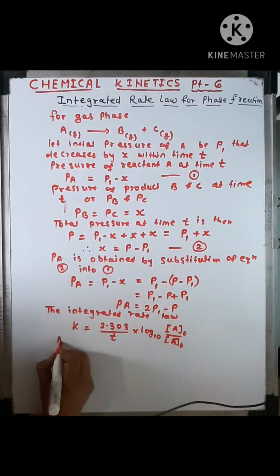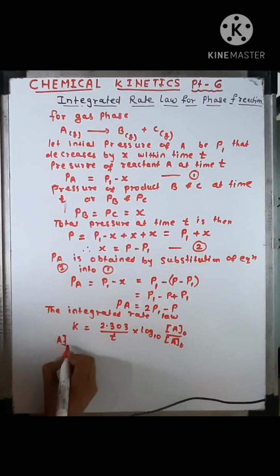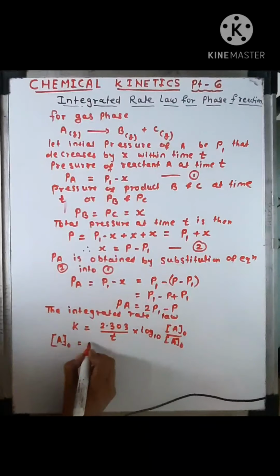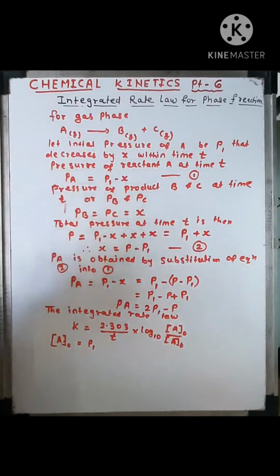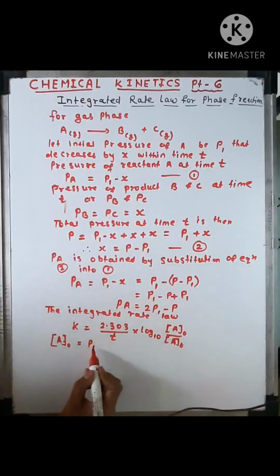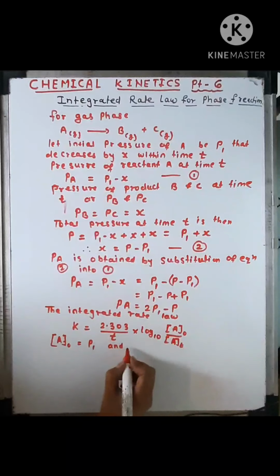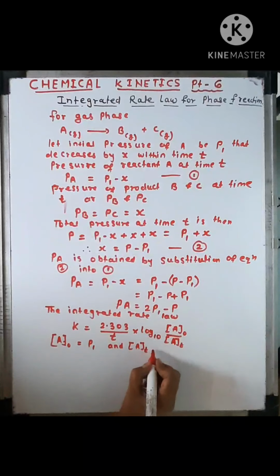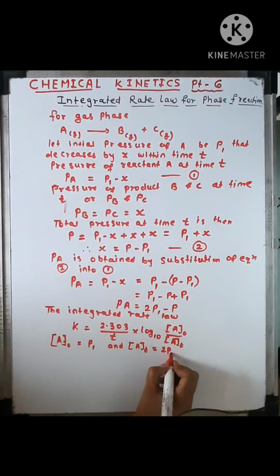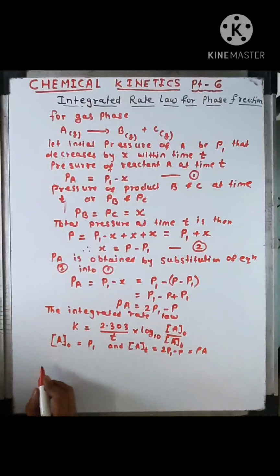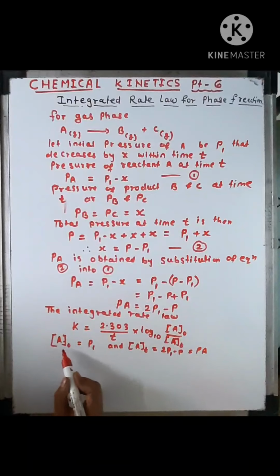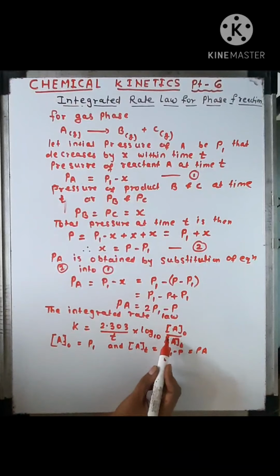And A0, that is concentration of A0, is equal to P1, that is initial pressure. In gas phase we are taking pressures, not concentrations. So A0 is equal to P1 and At is equal to 2P1 minus P, or it is equal to PA.